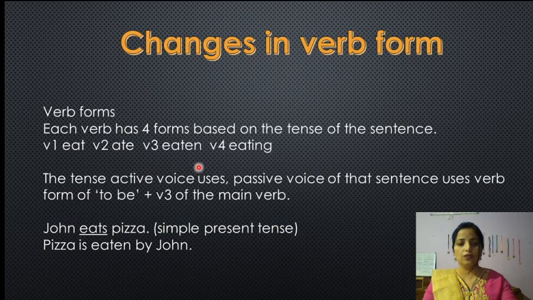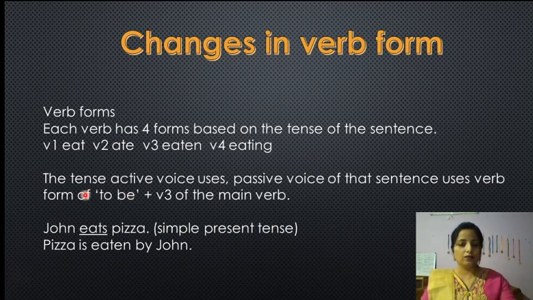V1, V2, V3, V4. This is something you already know. So V1 is eat, then it becomes ate, eaten, eating. If you want to take another example, let me give you the verb give: give, gave, given and giving. Steal, stole, stolen and stealing.